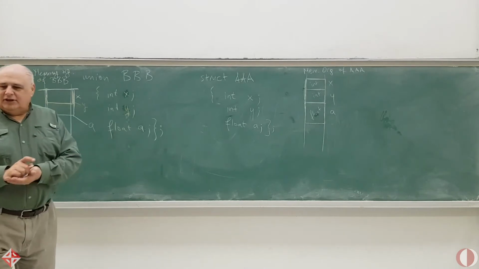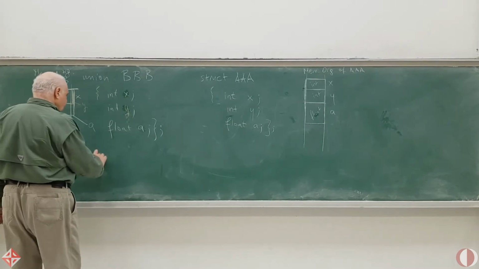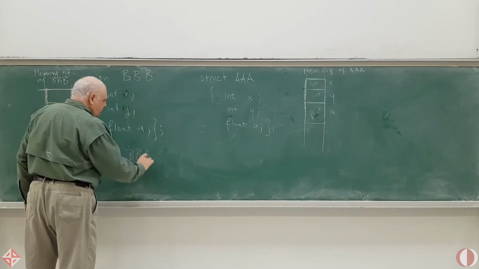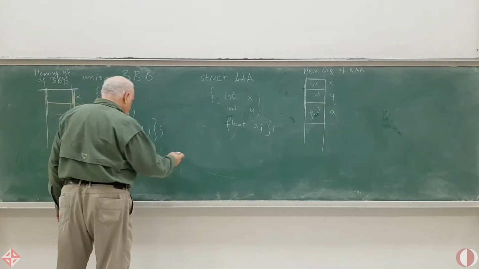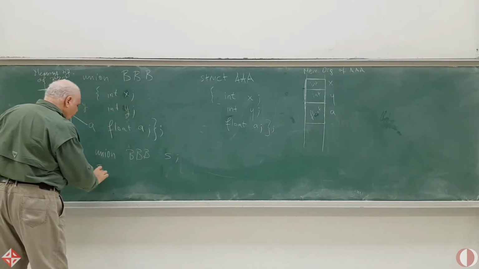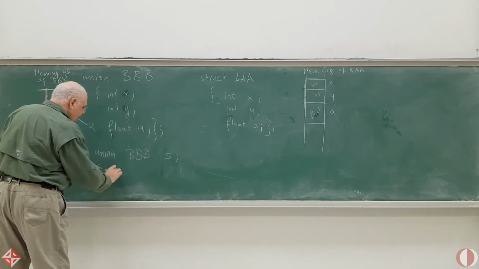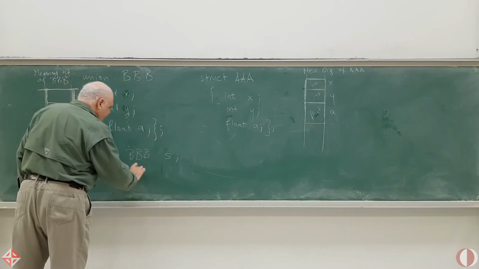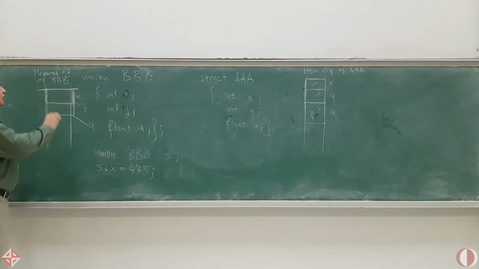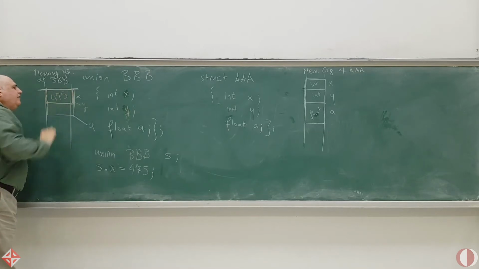For example, you have a variable in these terms, union BBB, just a name to it, S, and you store in S some number. Here goes the internal representation of 475.